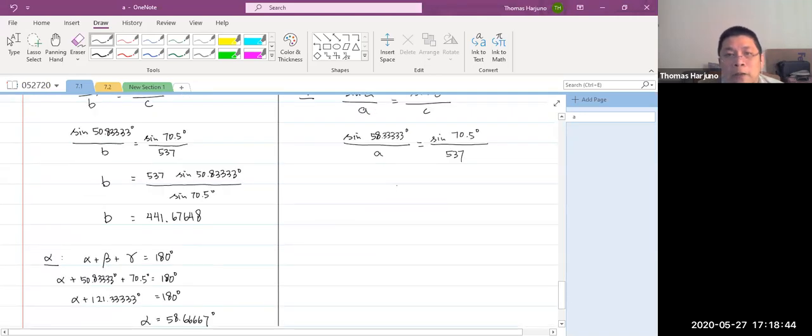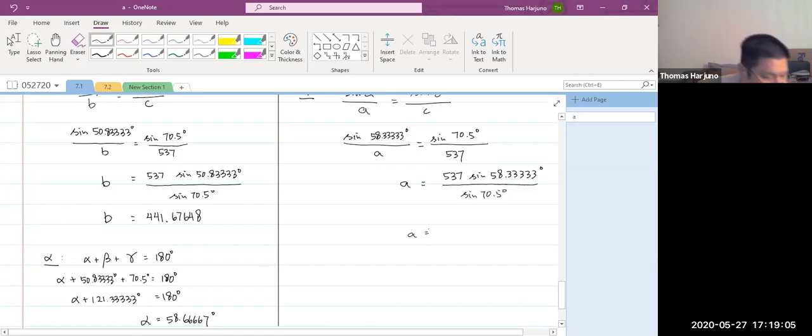So side A is 537 sine 58.3333 degrees over sine 70.5 degrees. 537 sine 58.3333 divided by sine 70.5.